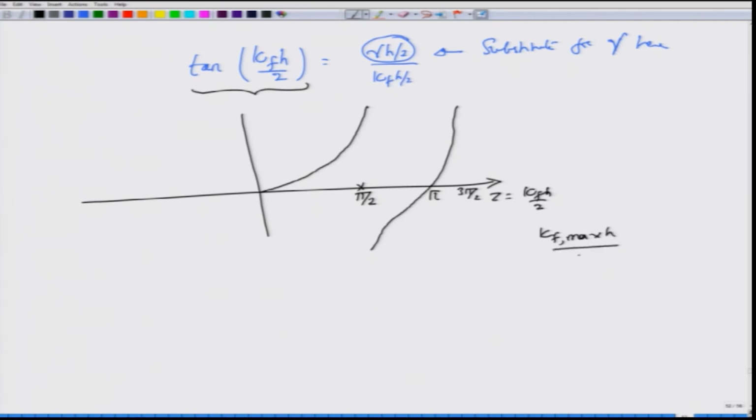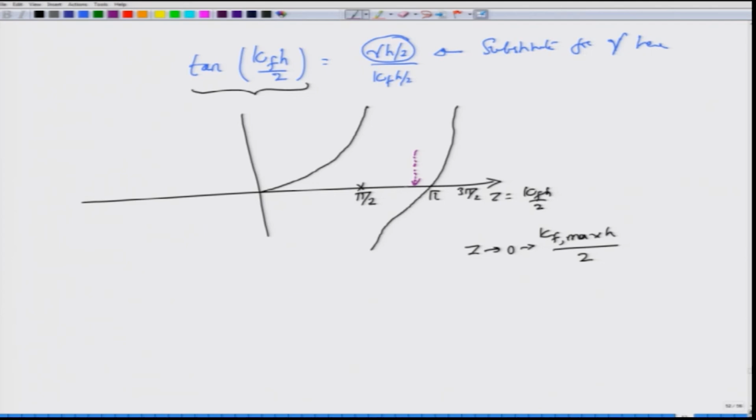So, all I have to do is take the argument of z from 0 to kappa f max times h by 2. I am just taking some random numbers, but in the exercises you will actually be getting the correct values. So, you can put in the exact value of kappa f max h by 2 here and then complete the understanding of this.